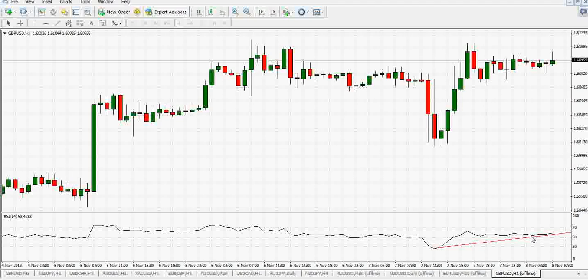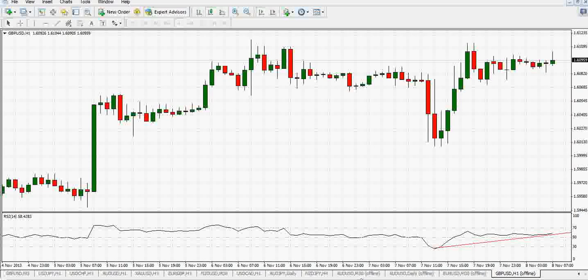This one is not strong. Very easily, price can go down, but this is not the RSI trend line that I like, because I'm not confident in this. I need something different, something better.